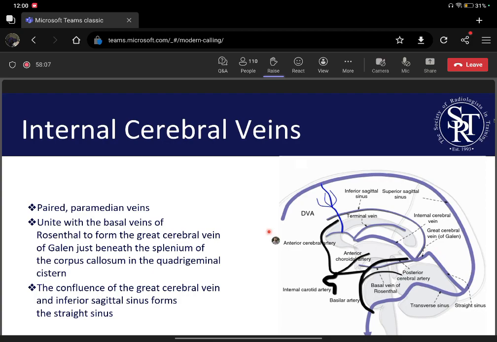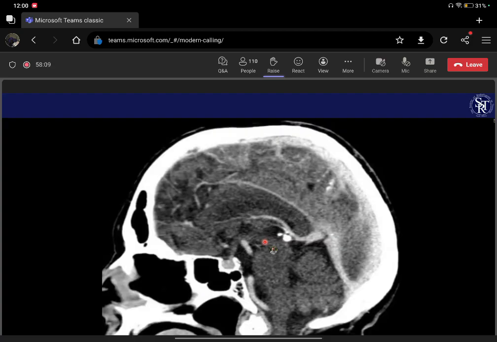So what does that look like on imaging? We have another venogram here looking at the mid-sagittal section. We have the superior sagittal sinus. Parallel to it, we have the inferior sagittal sinus. Here we have the internal cerebral veins, and let's just get our arrows up. So inferior sagittal sinus. This is the internal cerebral vein.